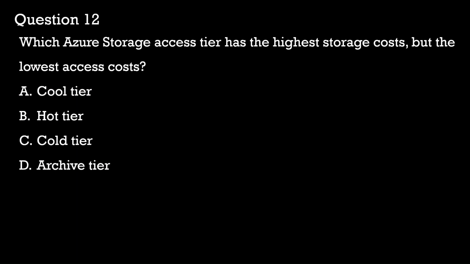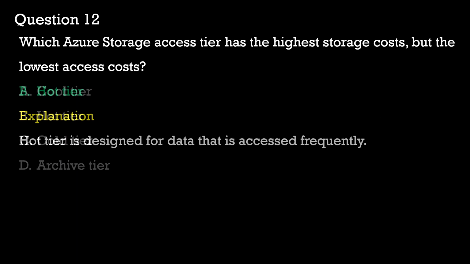This makes it ideal for active data that requires fast and frequent access. Archive tier is the lowest storage cost, but it has very high access cost and retrieval latency because the data is rarely accessed. Cold tier is not a standard Azure storage tier, so don't get it confused with the cool tier or the archive tier.